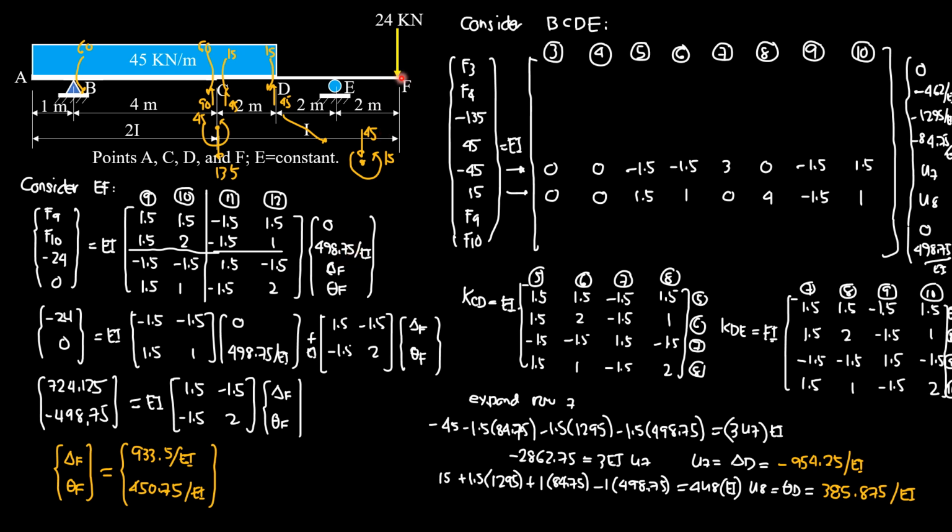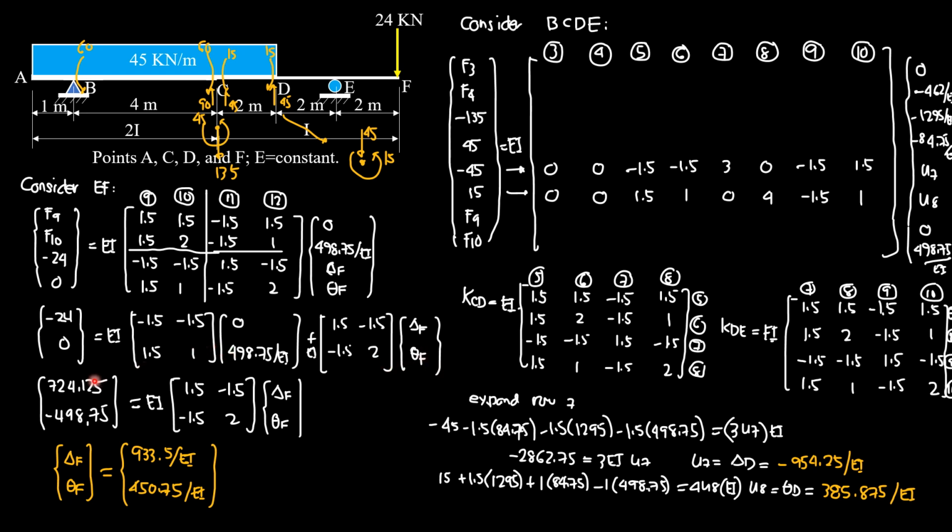Then the unknown displacements, this is delta F and theta F. So we expand this part, negative 24, 0 equals this matrix times this displacement matrix plus this matrix times this unknown displacement matrix, delta F and theta F.